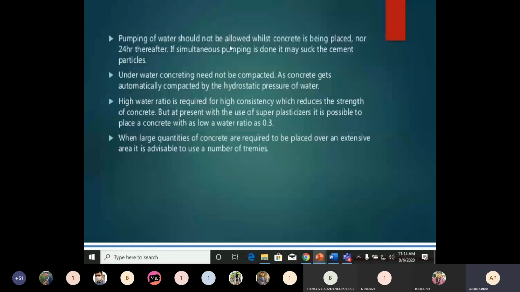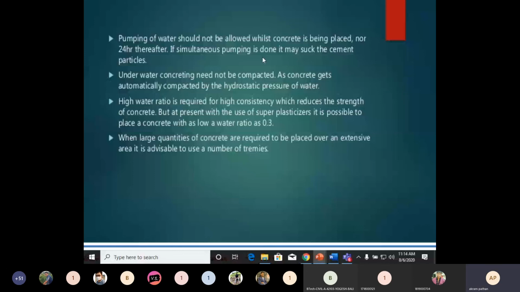Pumping of water should not be allowed while concrete is being placed, nor 24 hours thereafter. If simultaneous pumping is done, it may suck out the cement particles. Underwater concrete need not be compacted, as concrete gets automatically compacted by the hydrostatic pressure of water.